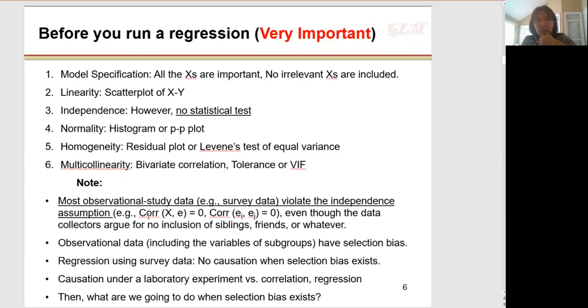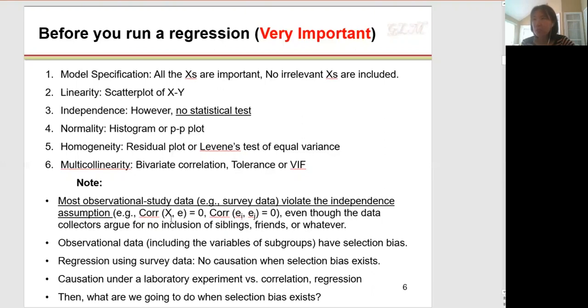Let's think about it. What does this mean? Let's say you already know some race ethnicity groups are poorer than others. What does that mean? The rich, the poor, this is income.